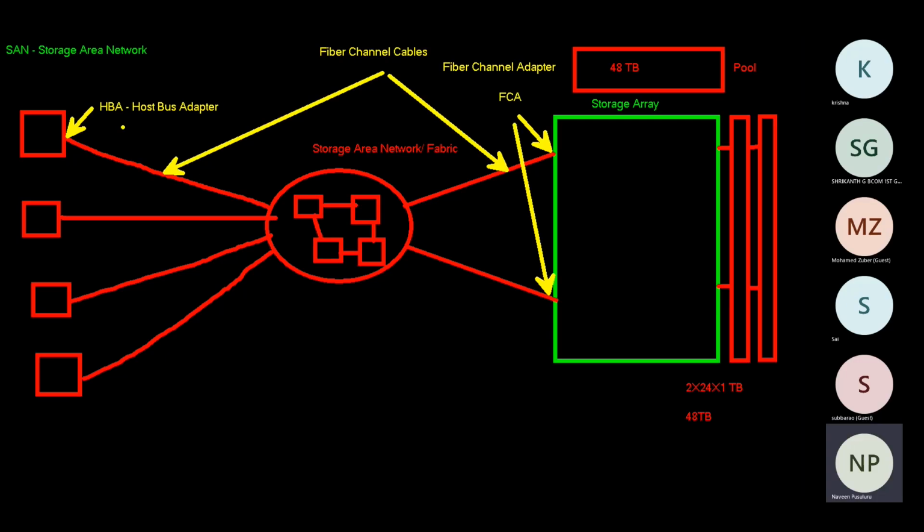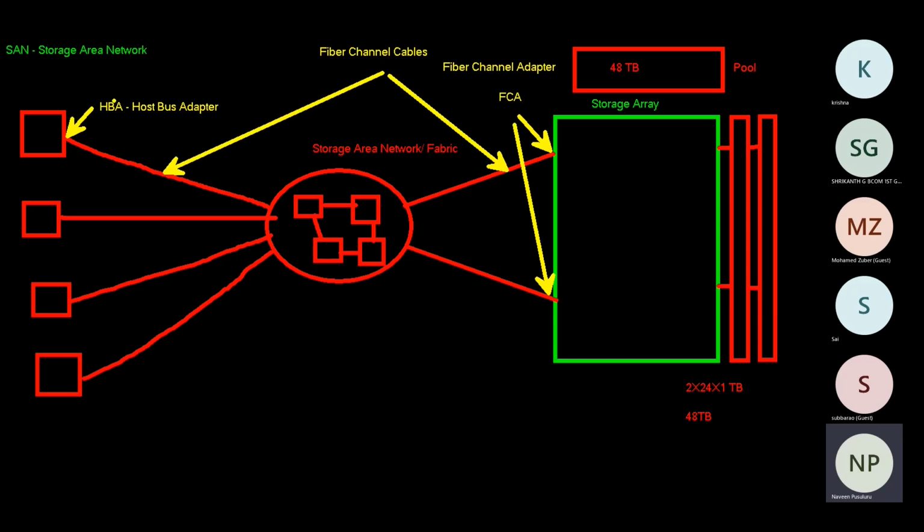Normally in NAS, one device will be able to identify the other device with the help of an IP address, right? But when it comes to SAN, there are no IP addresses. Every HBA or FCA has a unique address.